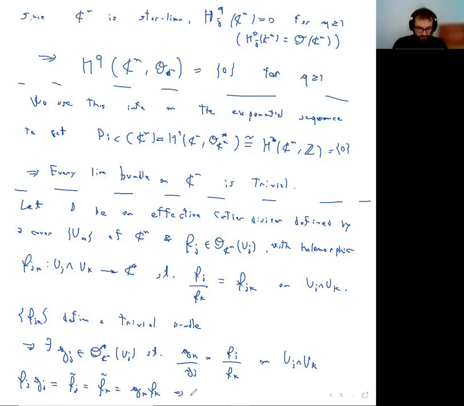So the fj tildes define the same divisor D. But this equality, fj tilde equal fk tilde, tells you that these glue to a function f tilde.